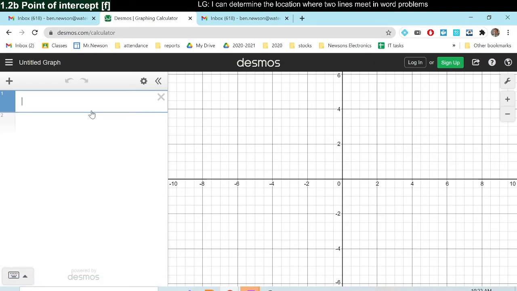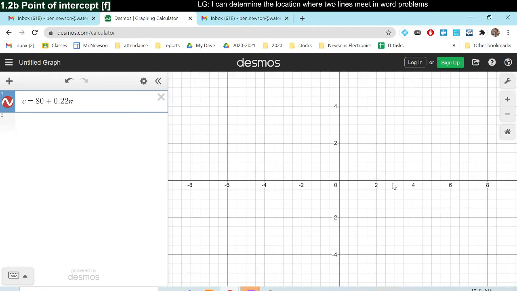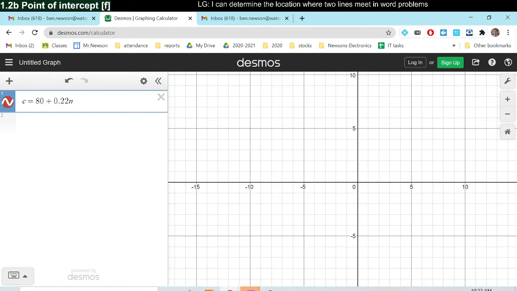In this case, we can say cost is equal to 80 plus 0.22n. Now, I think we have to use y because Desmos doesn't know what c is. So we'll have to change this y to and then x.